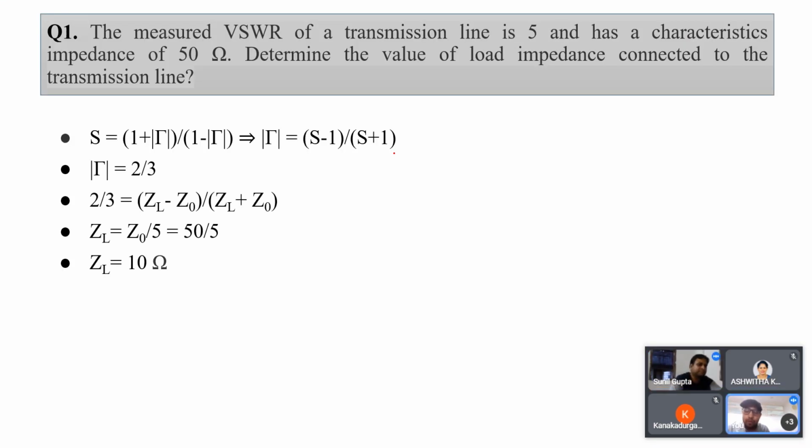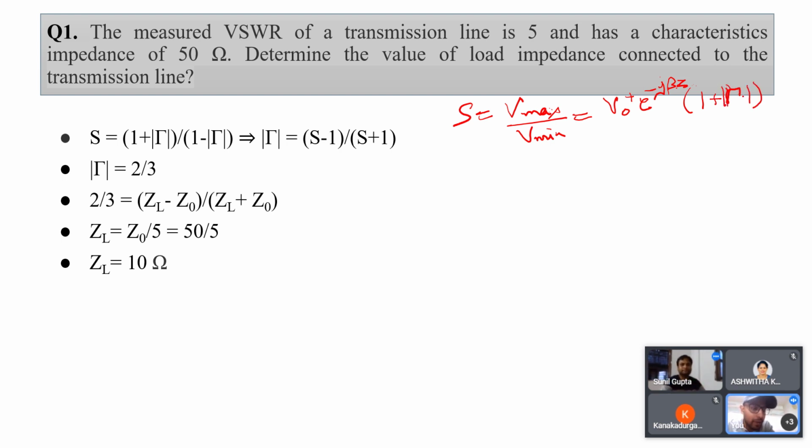So, VSWR is first of all defined as V max over V min. As I said earlier, V max is defined as V naught plus e raised to the power minus j beta z in bracket 1 plus mod of gamma L. The phase term will be 1 here.